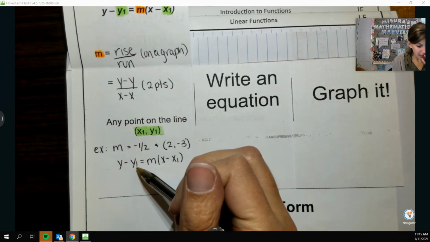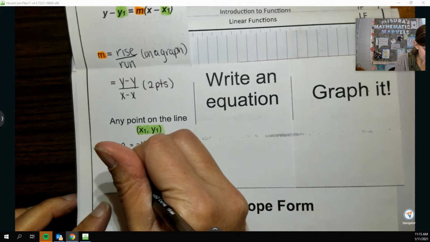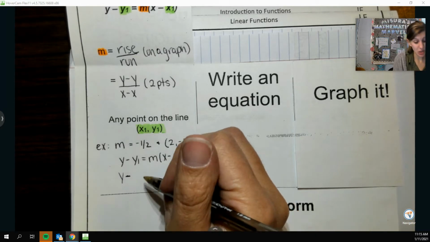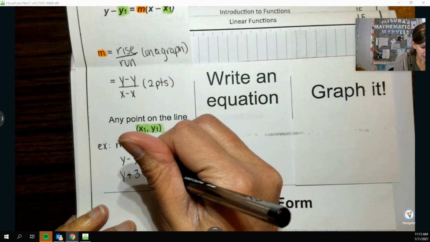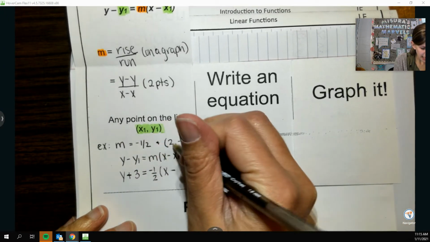And in place of the y1, we'll put our y value. So we'll have y minus -3, but a negative next to a subtraction sign is going to be a plus. And then m is my slope, so -0.5, parenthesis x minus 2.